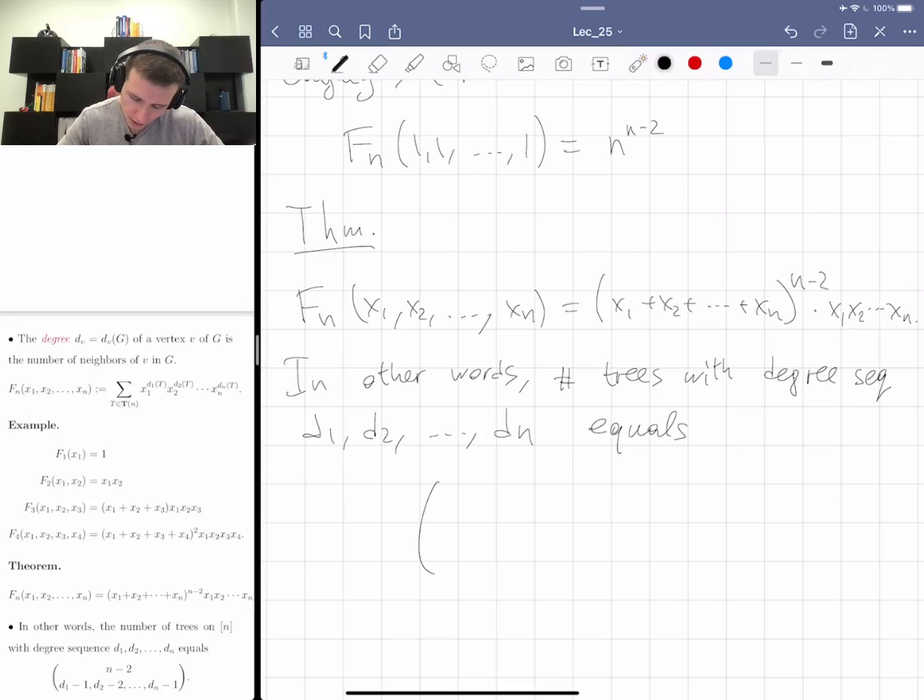So what you get is n minus 2 multi-choose d1 minus 1, d2 minus 1, all the way up to dn minus 1. Sorry, this is supposed to be d2 minus 1.